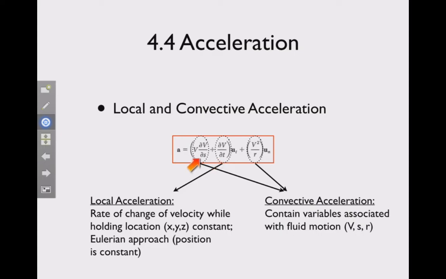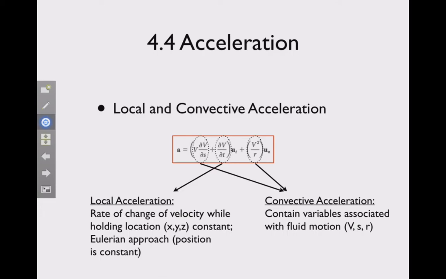And then the other two terms, the v times del v del s in the tangential direction, plus the centripetal acceleration v squared over r in the normal direction, is what we call the convective acceleration. These contain variables associated with the fluid motion, v, s, and r, as we can see. So we've got definitions now.